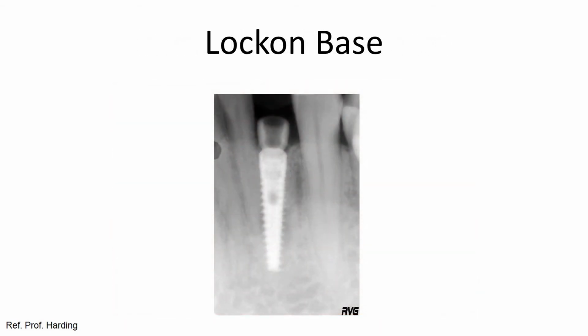This radiograph shows the implant in the patient's jaw. It's been placed immediately in the mandible following extraction of an incisor, and the healing abutment, or transfer base if you like, has been placed on top of the implant.